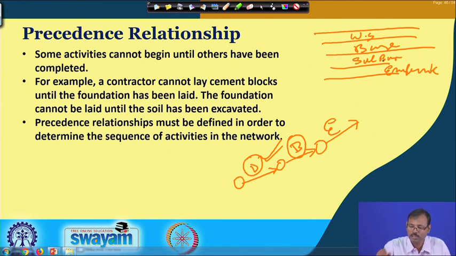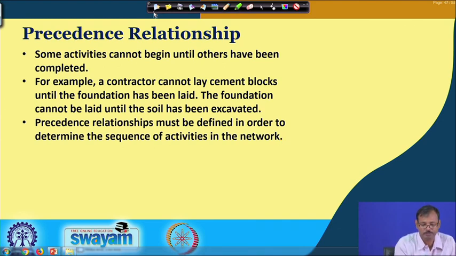Then only the sub base, which is basically granular sub base, those aggregates, can be placed on the soil layer. So, the precedence of the construction of the embankment is essential for the construction of the sub base layer. This precedence must be followed properly, and that is why they must be identified.